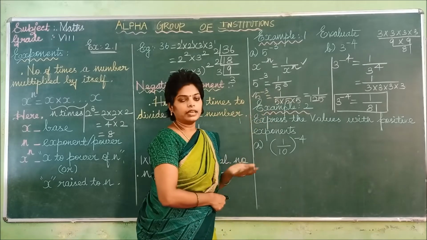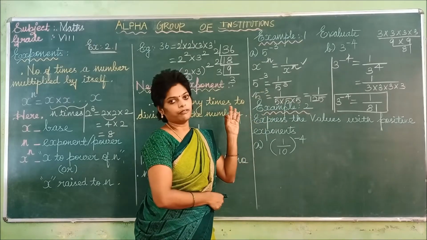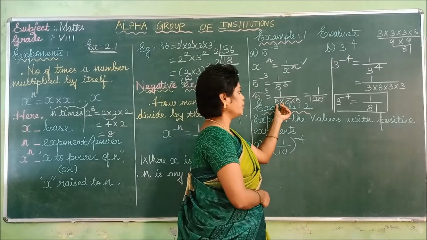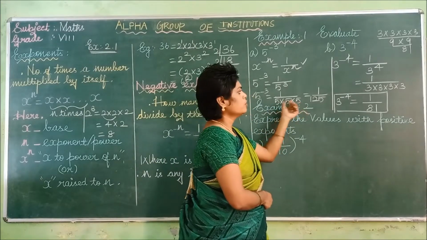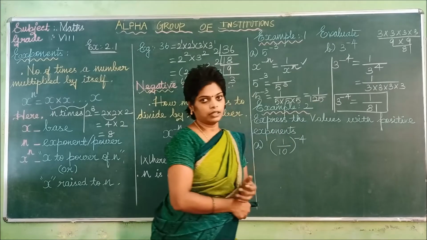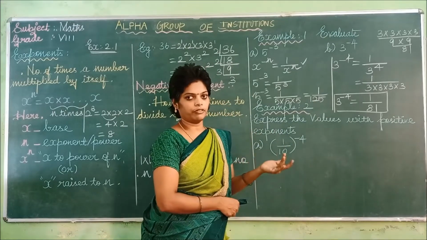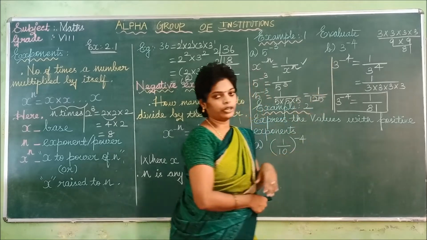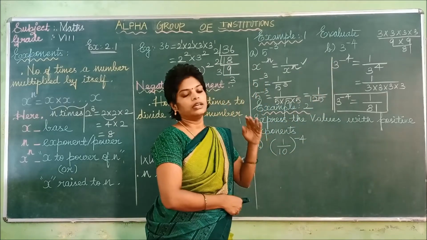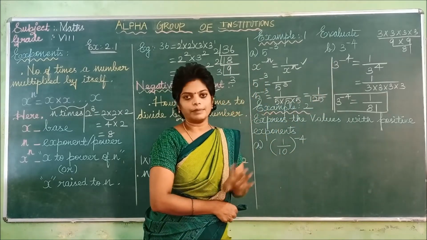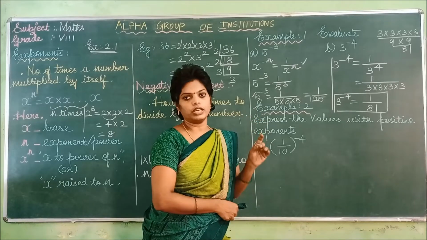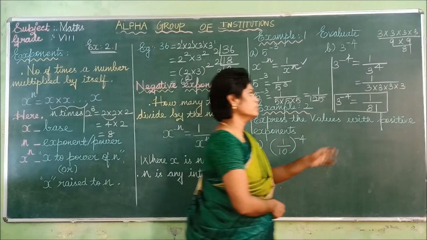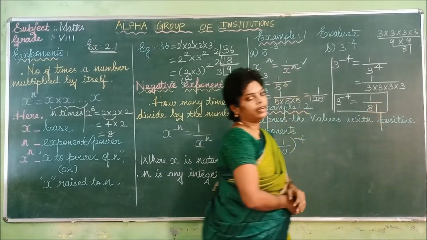That is 5 written as a multiple 3 times: 5 into 5 into 5. 5 5s are 25, 25 into 5, 125. Similarly, 3 to the power minus 4 means we take it into the division, it becomes positive. 3 is multiplied 4 times: 3 into 3 into 3 into 3, 3 3s are 9, 3 3s are 9, 9 9s are 81. So your answer is 1 divided by 81.